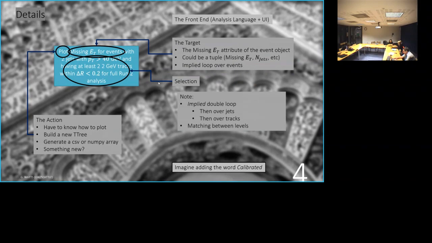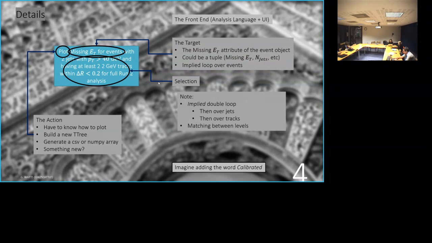Then you've got to figure out what it is you're trying to plot or fill, etc. I'm just calling this loosely the target. It could be all sorts of different things. And then, of course, there's the selection, which is perhaps the most complicated. Note that in this very simple statement, there's many implied loops, looping over events, looping over jets, looping over tracks, and you have to match between these various loops.